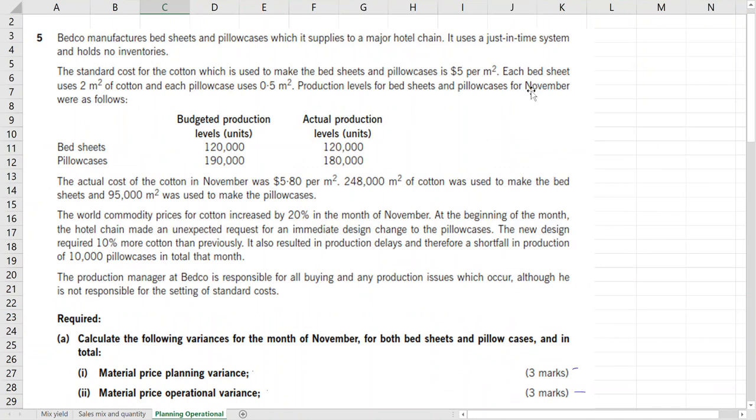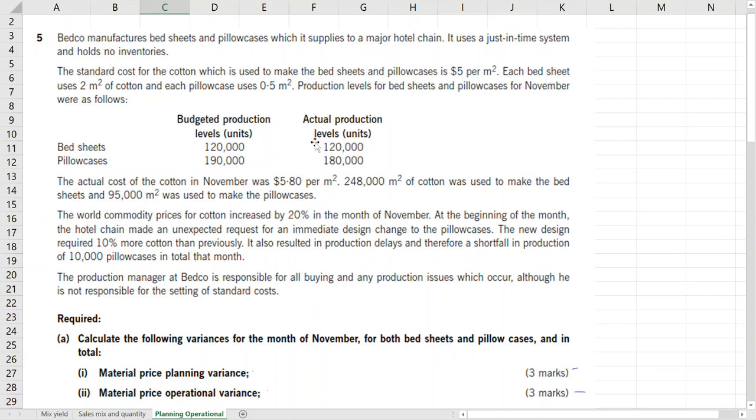Budgeted production: 120,000 bed sheets, 190,000 pillowcases. Actual production: 120,000 bed sheets and 180,000 pillowcases. Remember, we use actual production, not budgeted.